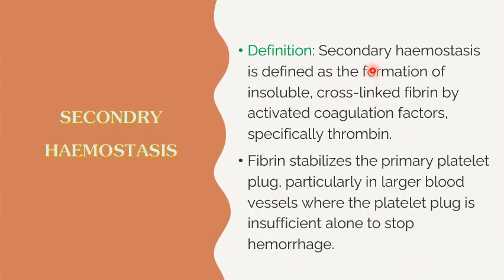Secondary hemostasis definition. Secondary hemostasis is defined as the formation of insoluble cross-linked fibrin by activated coagulation factors, especially thrombin. Fibrin stabilizes the primary platelet plug, particularly in larger blood vessels where the platelet plug alone is insufficient to stop the blood hemorrhage.